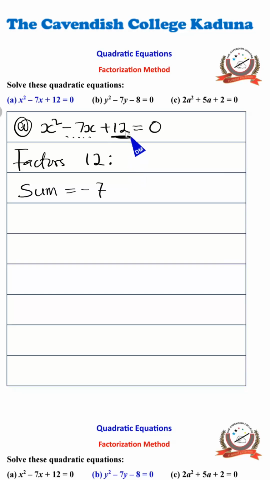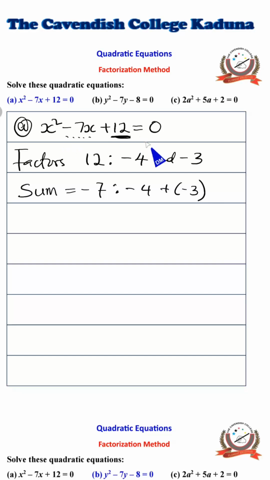So the factors are negative 4 and negative 3, because negative 4 plus negative 3 gives us negative 7.